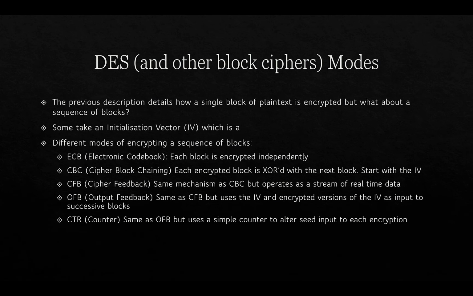So DES and its variants that followed have different modes of encrypting. And even though there are a few of these, the important things to remember out of them is that they take slightly different approaches to essentially taking a sequence of blocks and encrypting them. Some have a chaining effect, so they take the output from one block and then feed it into the next.